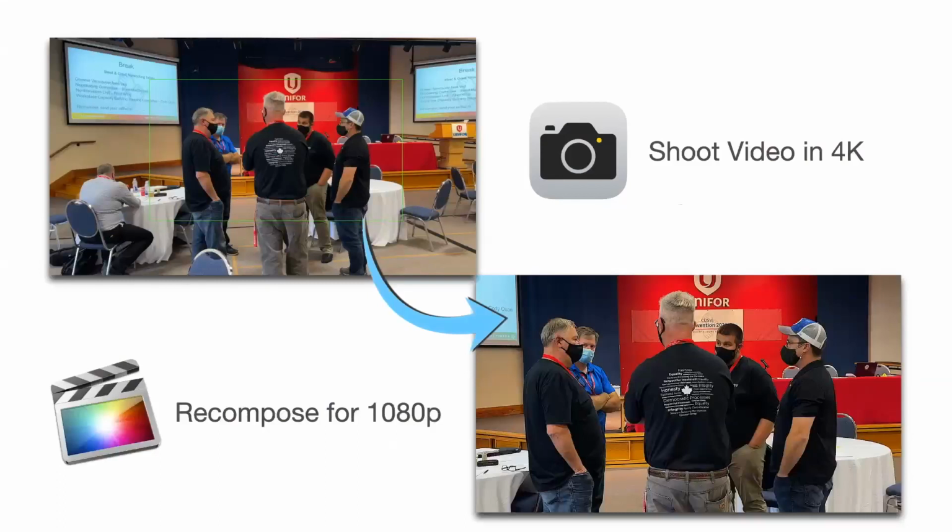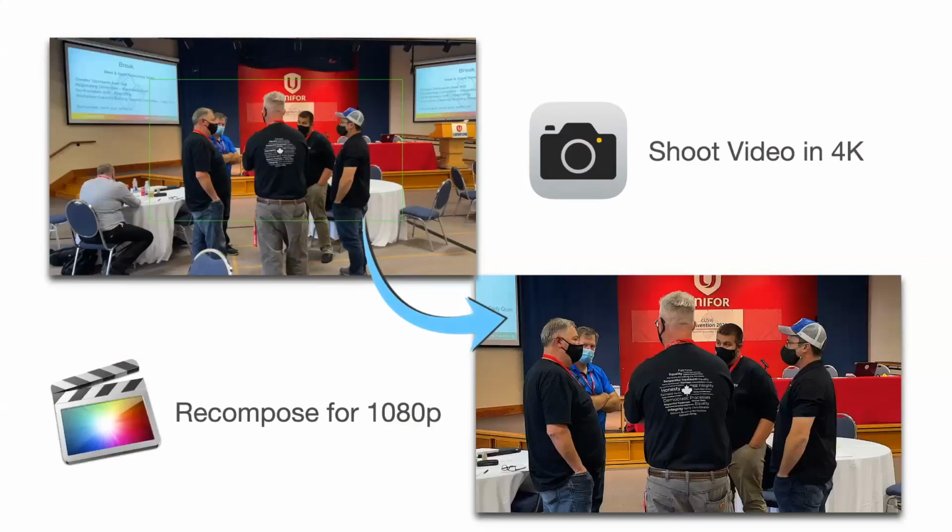So the last thing I want to talk about is the advantage of shooting iPhone video in 4K. Now, when I shoot B-roll or original footage on my iPhone, I rarely export my final video products in 4K.